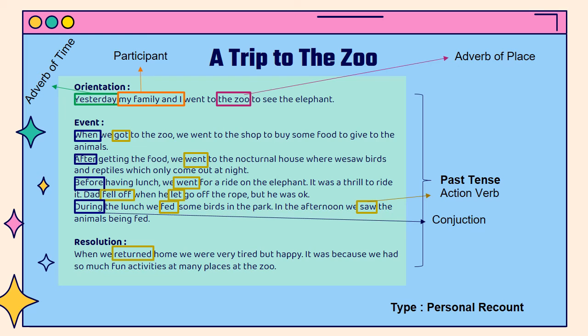Participant is my family and I. Adverb of place is the zoo. The conjunctions are when, after, before, during. And then action verbs are got, went, fell off, let, fed, saw, and returned. And this recount text all uses past tense.